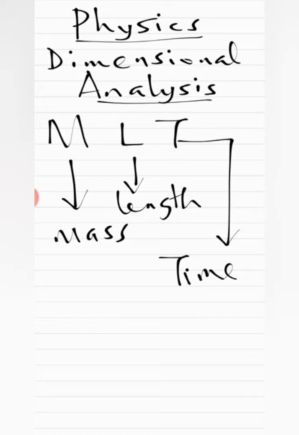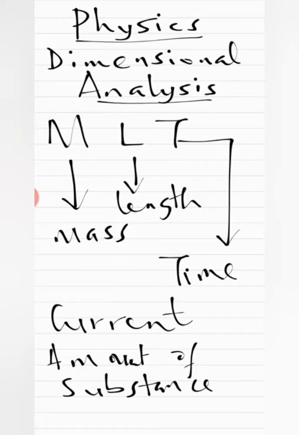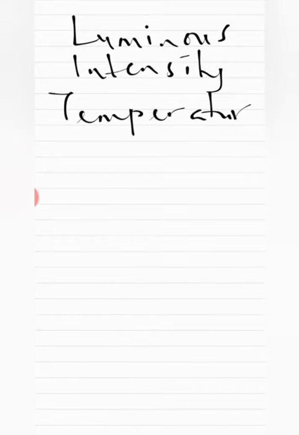They include mass, length, time, current, amount of substance, luminous intensity, and temperature.